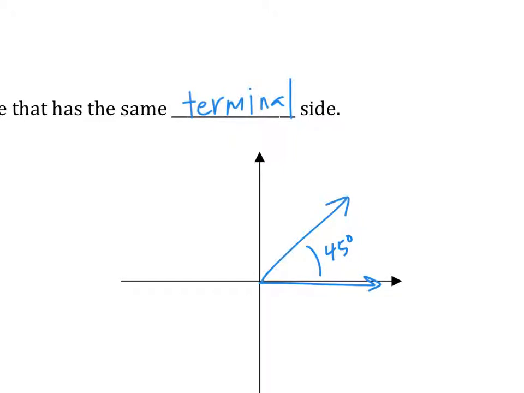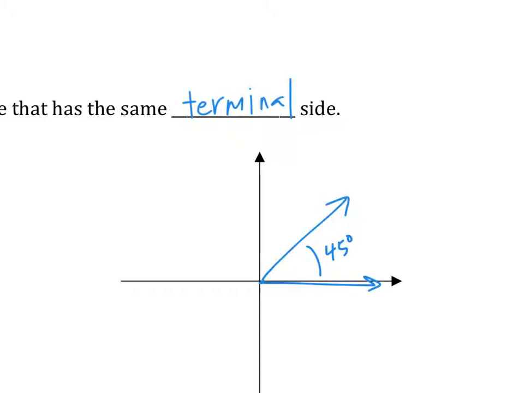Okay, what's another angle that ends on 45 degrees? That is not negative. 135 is here though, in the second quadrant.